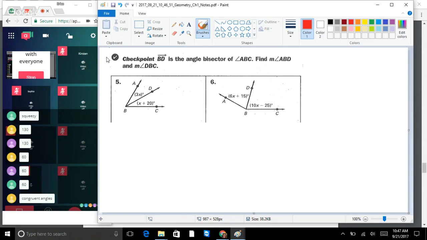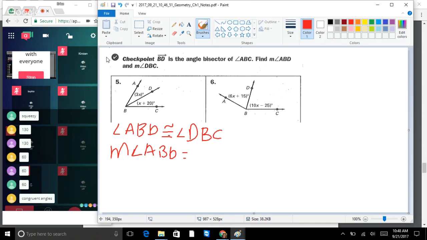So by definition, I know that angle ABD is congruent to angle DBC, or the measure of angle ABD equals the measure of angle DBC.